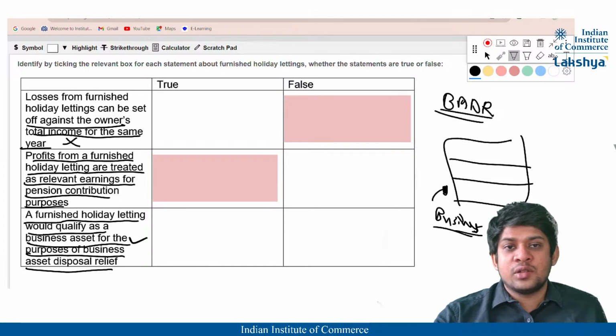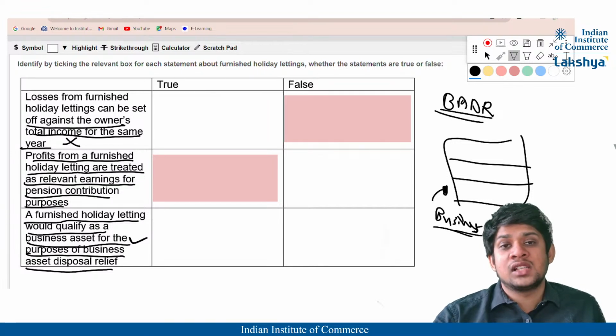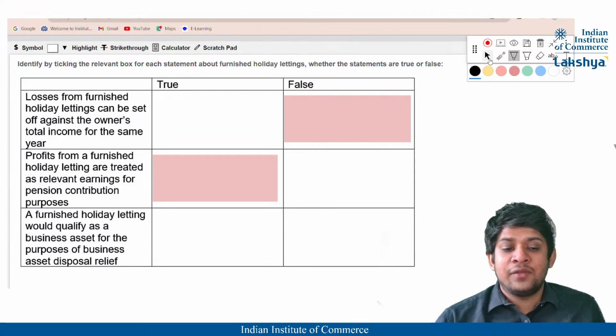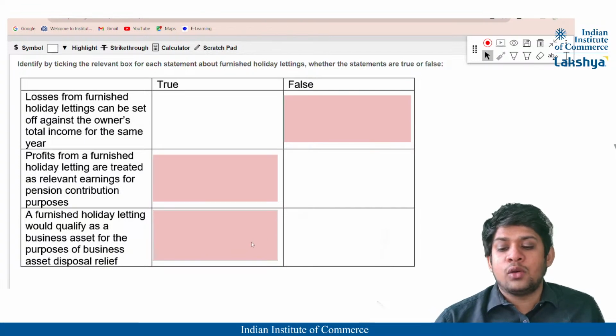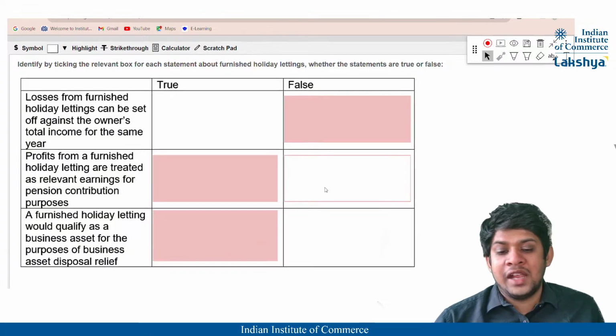Any assets which are used in the business qualify for BADR. On business asset disposal relief, you are charged only 10% up to 1 million pounds. So yes, my furnished holiday lettings is a business asset for me, so it will qualify for my BADR.